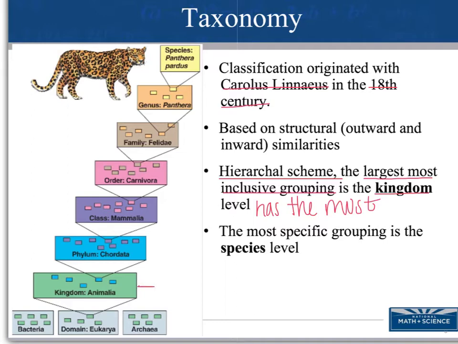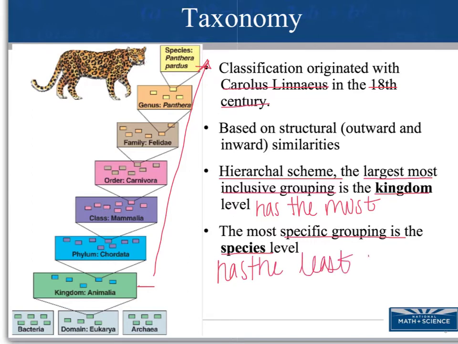Now as you go up, we're getting more and more specific, so it's smaller and smaller groupings. So then the most specific grouping would be the species. Okay, so hopefully you got that.